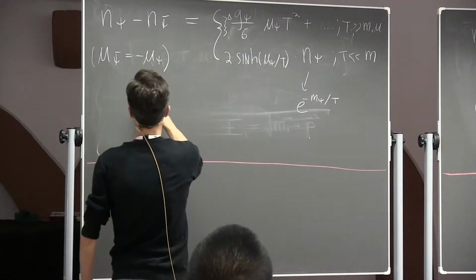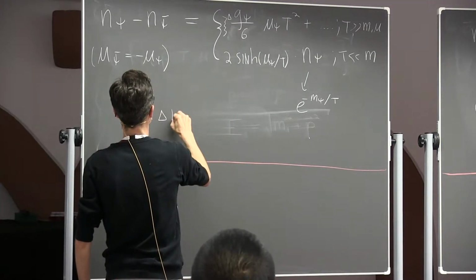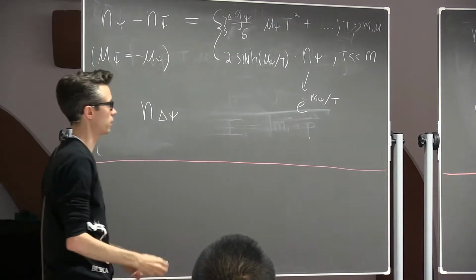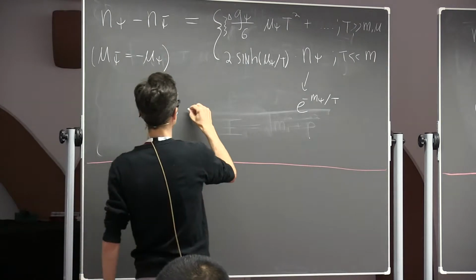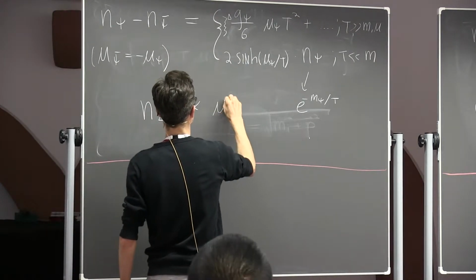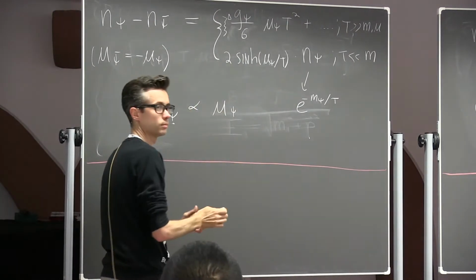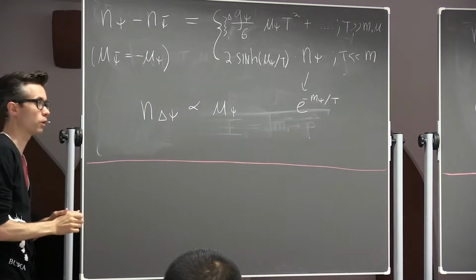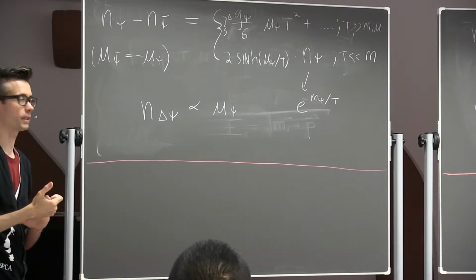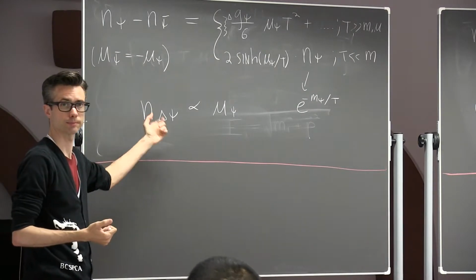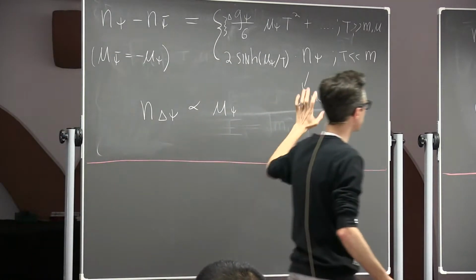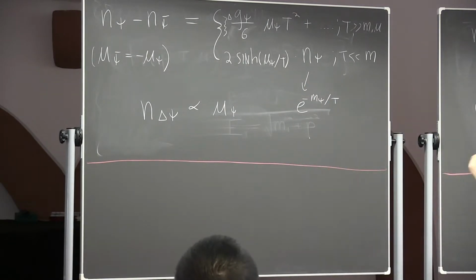So the asymmetry, the number density for the excess of particles versus antiparticles, is essentially proportional to the chemical potential. This will be useful down the road because we're going to play some games with chemical potentials, and once we have the chemical potential, we can use this to extract number densities. These asymmetries are going to play a big role in just a little bit.